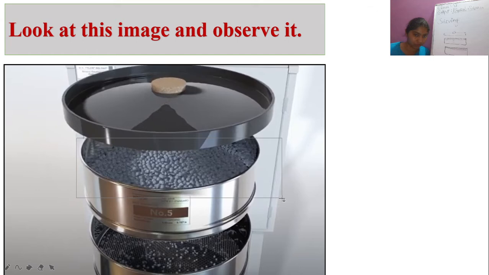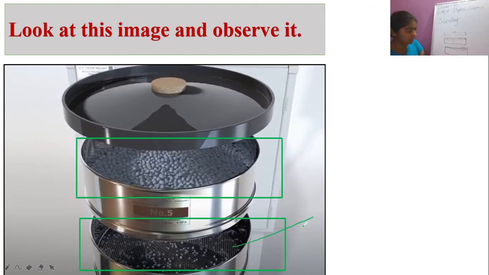So students, you will come to know that the sieve at the bottom has very small holes, right? That means only the fine particles will move through and be collected in this bottom part.